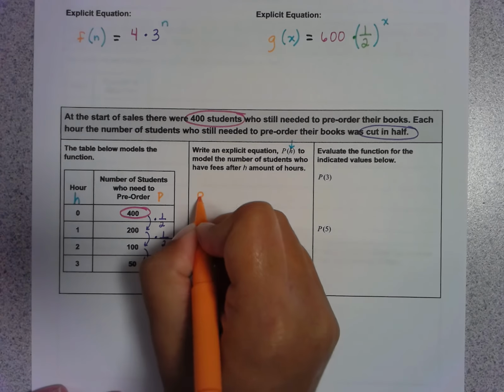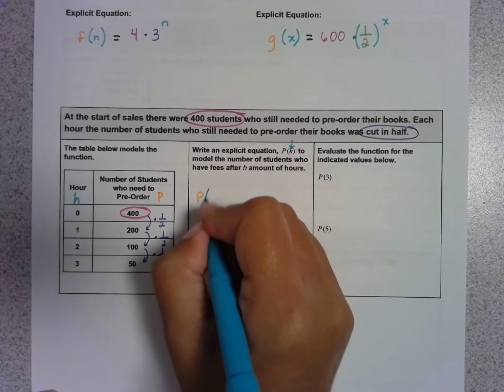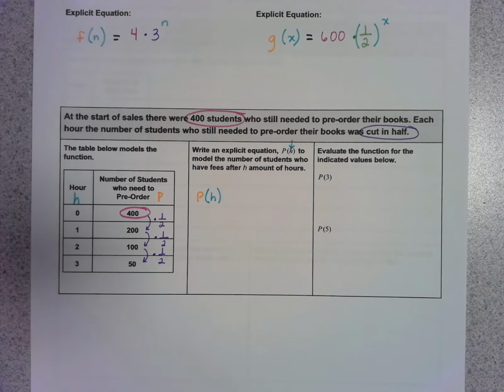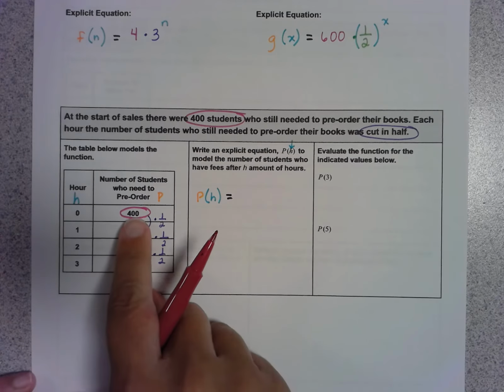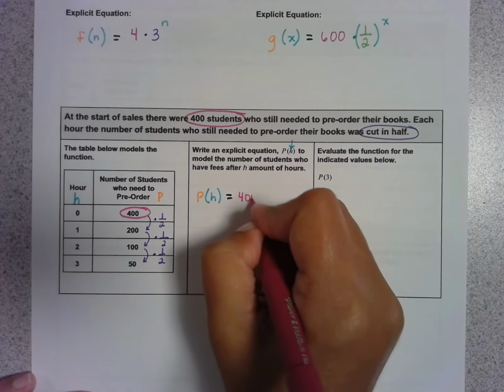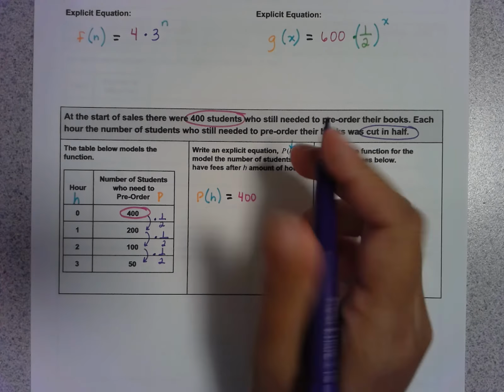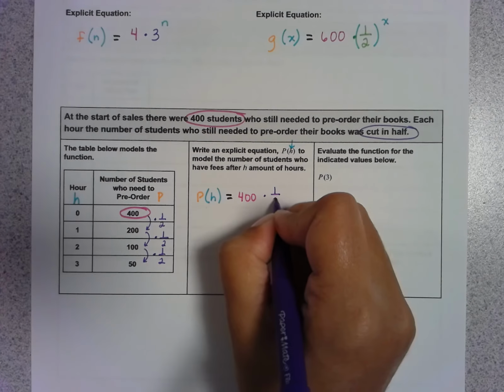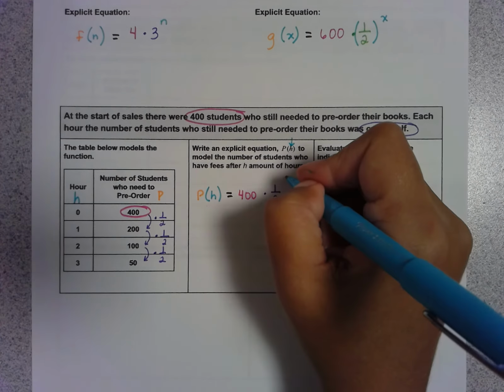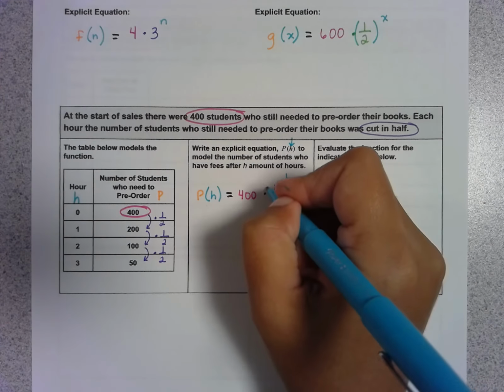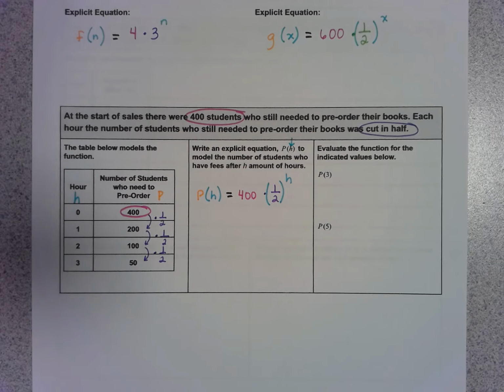So my equation would be P of H equals, and then I would start with 400, multiply by 1/2, and my exponent, because again this is multiplication, would be h, which means I'm going to put this in parentheses.